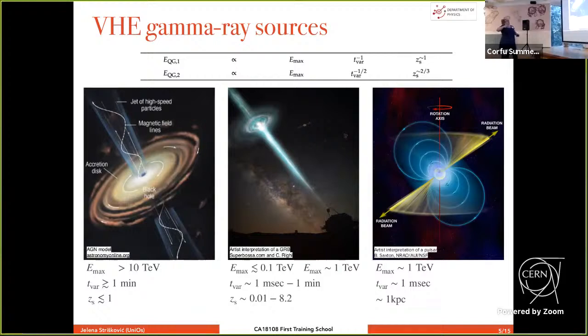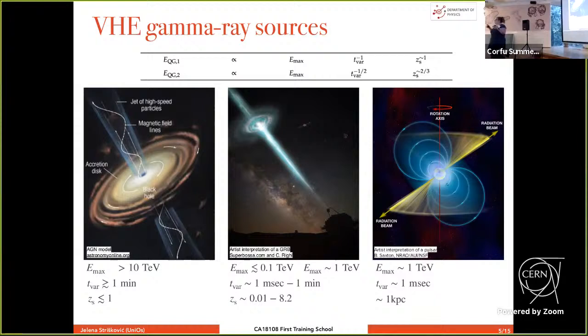We should see that both in the linear and quadratic scenario, it depends on the maximum detected energy of our photon. The higher the energy, the better we are. I will go here and say, okay, the further the distance, the better for us, but this brings some caveats.